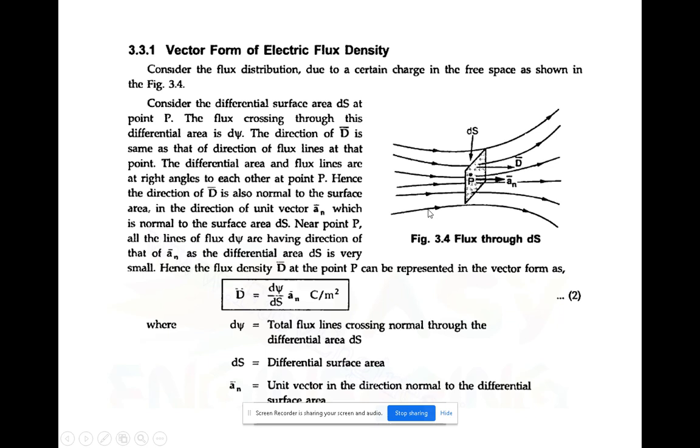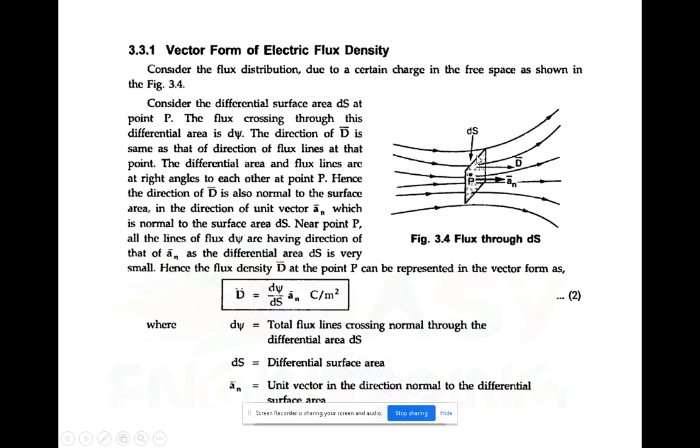The flux lines crossing that spherical area, take that as d psi. The direction of the D vector is the same as the direction of the flux line. The D vector and the flux lines are parallel to each other, in the same direction.